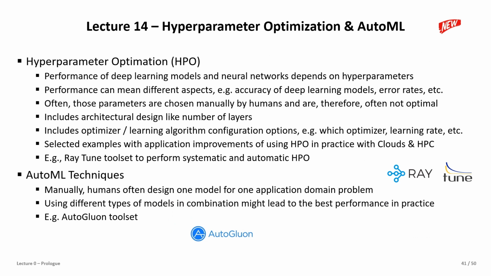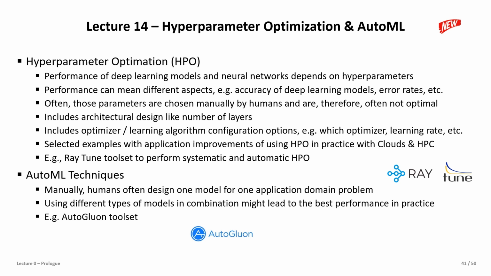Then we will continue in lecture 14, which will be a new topic in this course this year, hyperparameter optimization and AutoML. We will have an invited lecturer, Marcel Arf, from our research group at the Jülich supercomputer in Germany, and this lecture will present hyperparameter optimization.